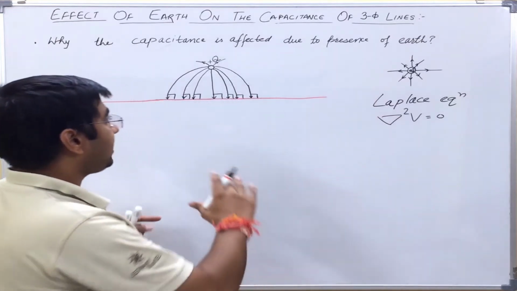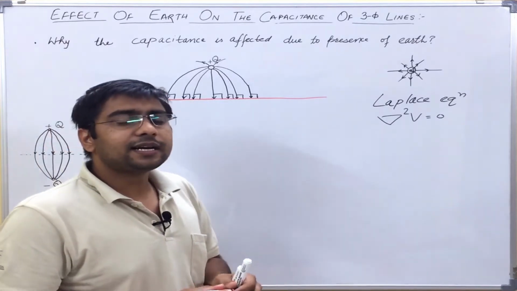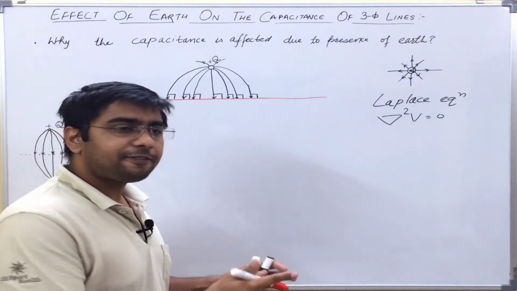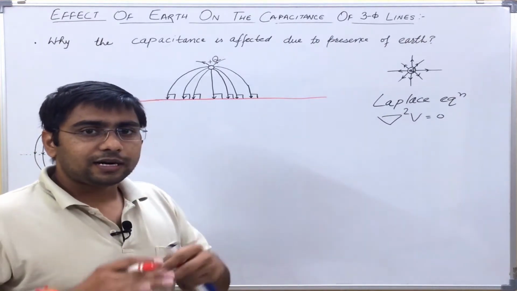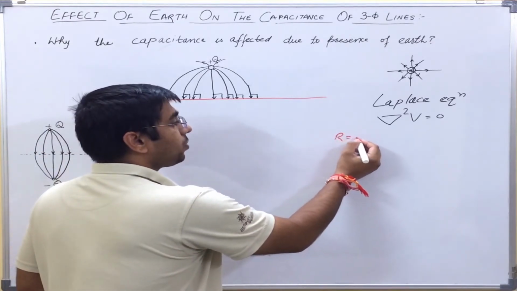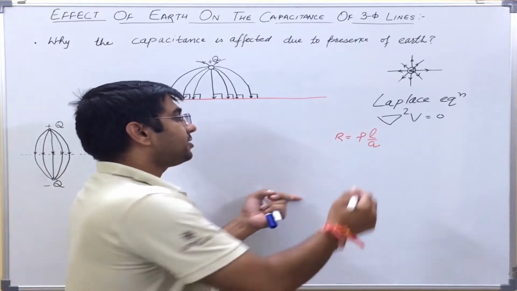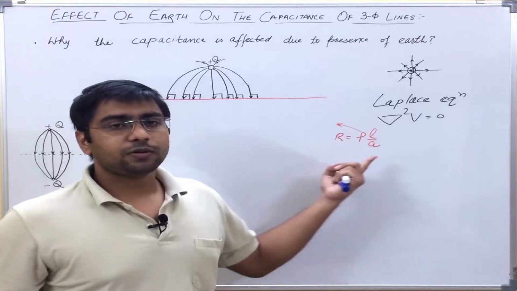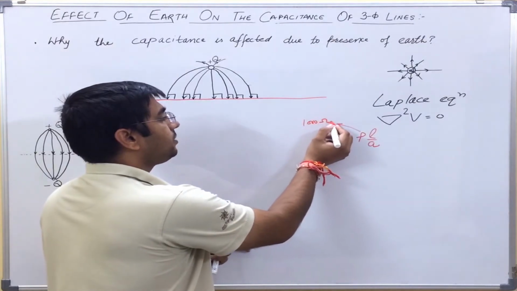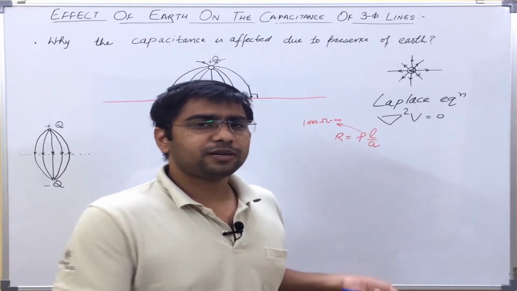But due to the presence of this conducting plane, and you know, ground can also be considered as a conducting plane. Why? Just to give a very rough idea, although it is not 100% mathematically correct, we know that R is equal to rho L by A, and let us say rho, the resistivity of soil, is 1000 ohm meter, which is quite high. Usually we get around 100 for normal soils.